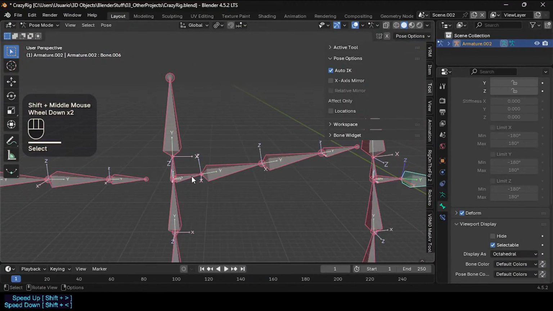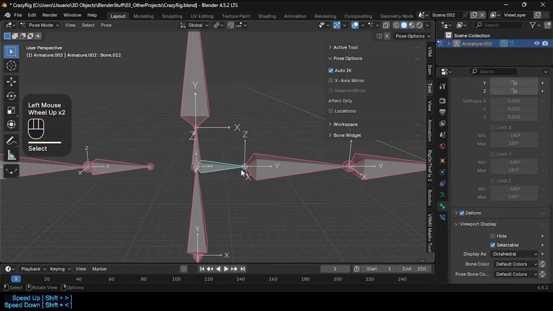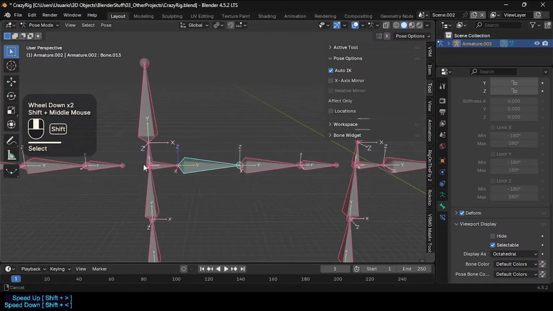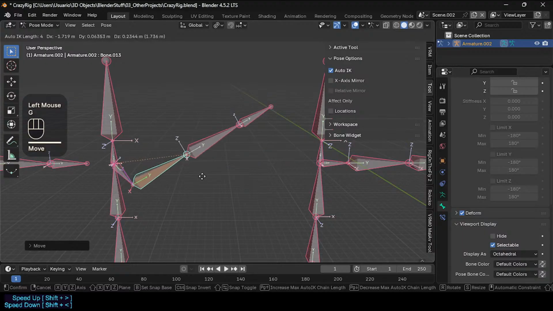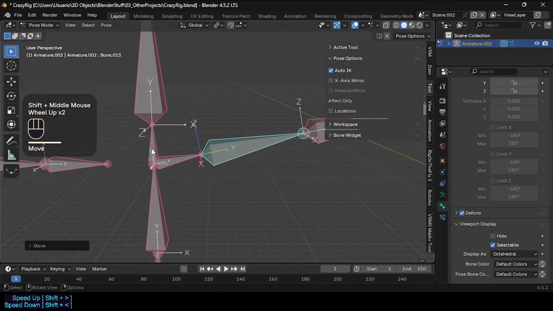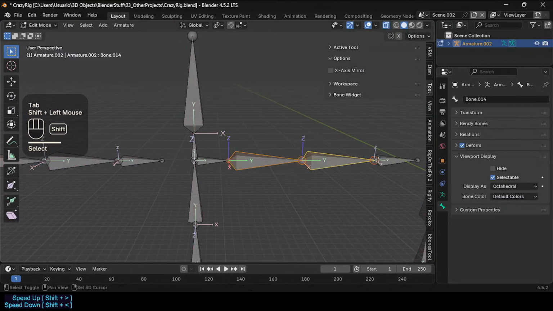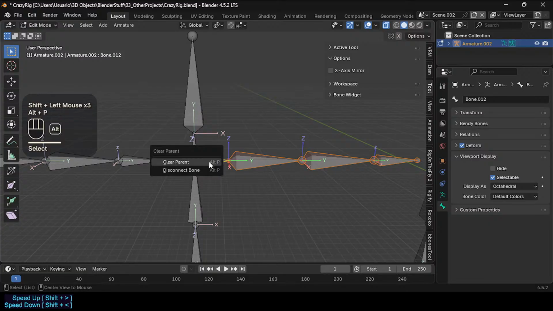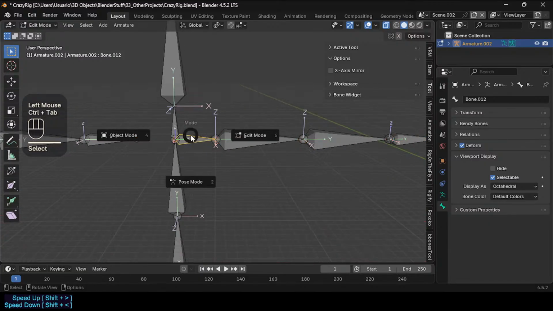Yeah, there are many problems, but I'm not asking here that we use the Auto IK chain with disconnected parenting. If we disconnect all these bones, this one is already disconnected, right?